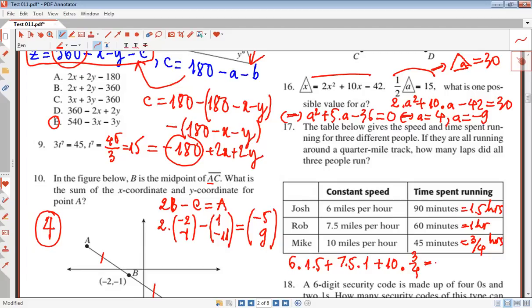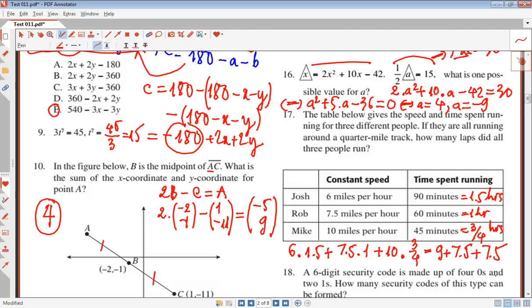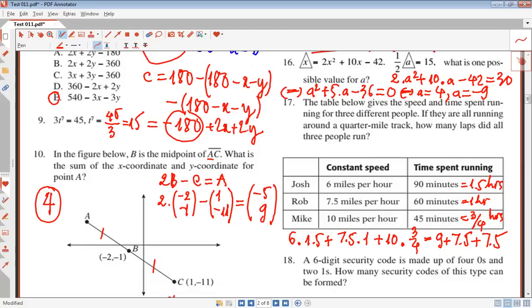It is 9 plus 7.5 plus this one is 5/2 times 3, 7.5. It is 24.